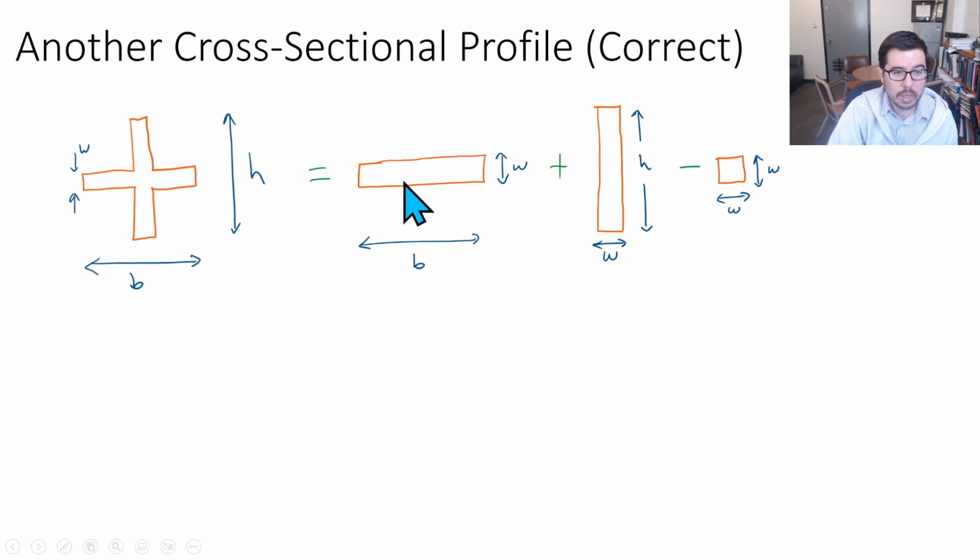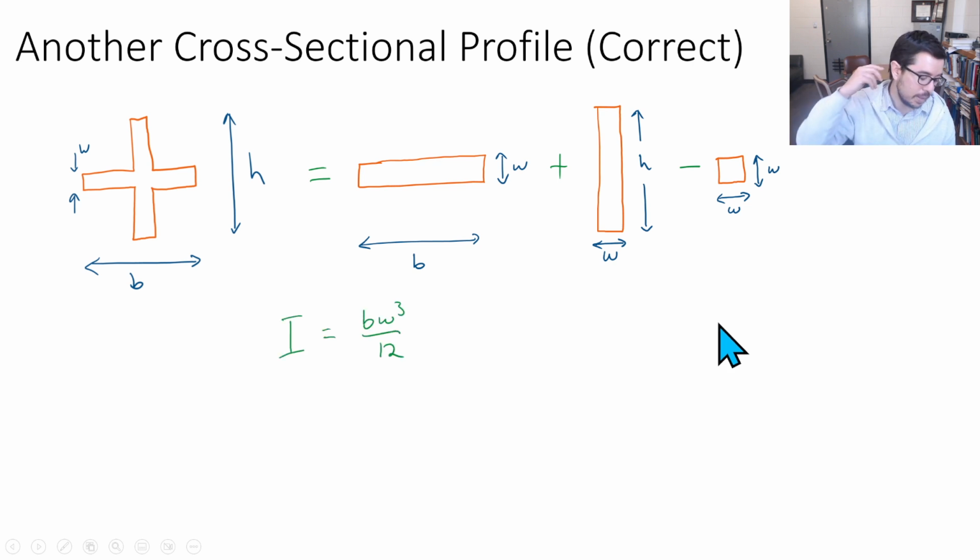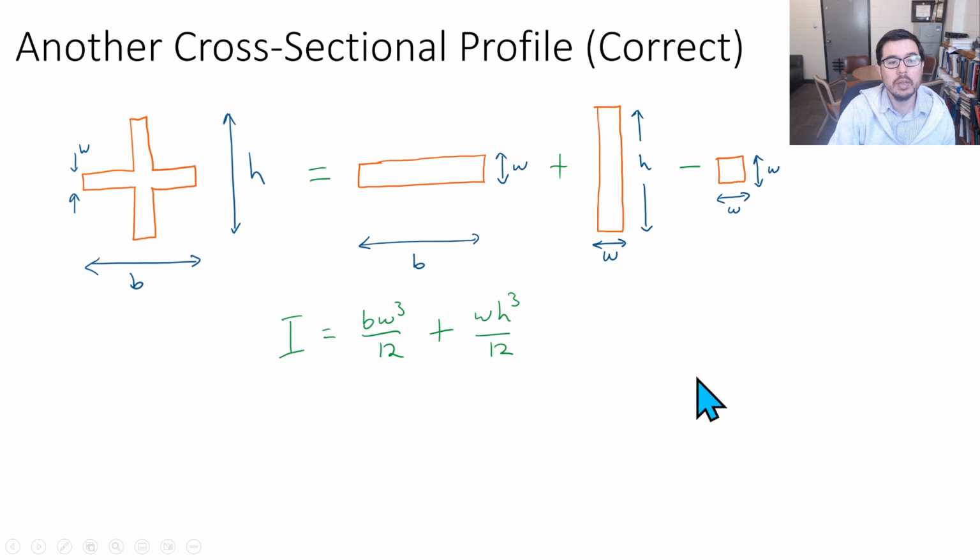And once again, all of these are on the central axis, or the neutral axis. Their centroids are all on the neutral axis. So we don't have to use the other portion, the Ad squared portion of the parallel axis theorem. We can just add and subtract these different quantities. So we have bh cubed over 12 for the first two.